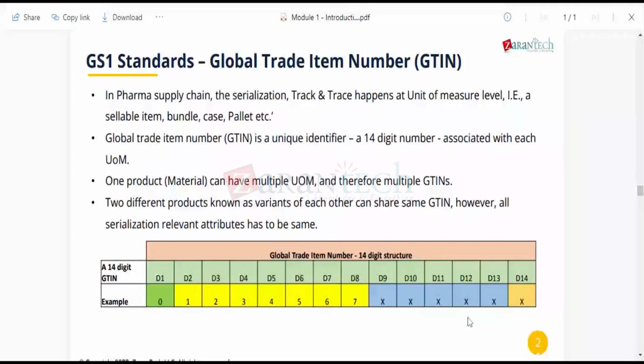But if I have a huge amount of materials, I need more digits apart from the global company prefix so that I can produce more global trade item numbers. Let's say I have 1,000 materials, so I need 1,000 unique GTINs. In that case, I need a small GCP.